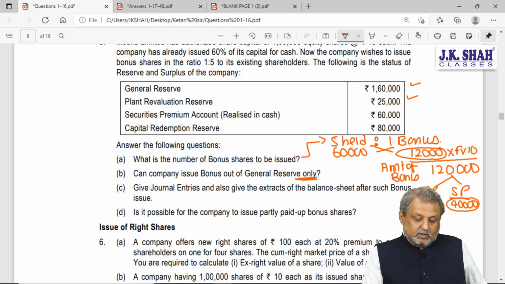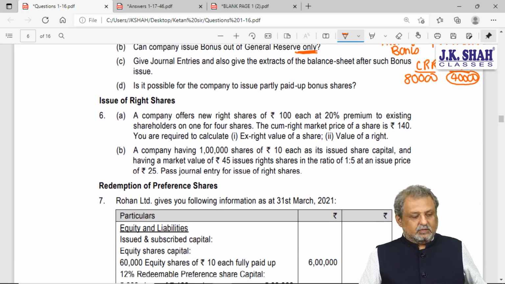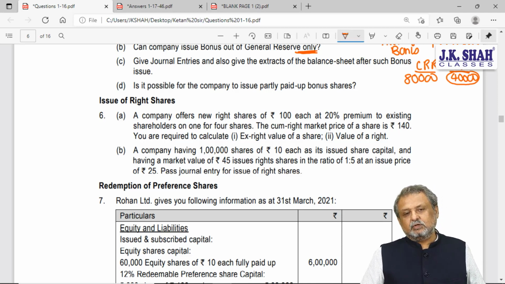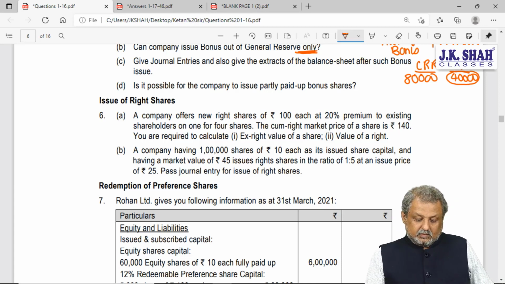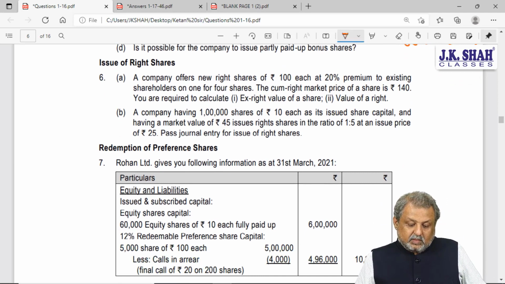Now, going further, issue of rights shares. Now again, very small thing given to you. How to do this issue of rights shares?